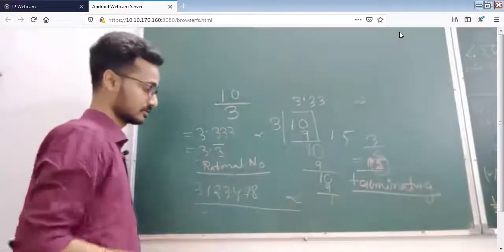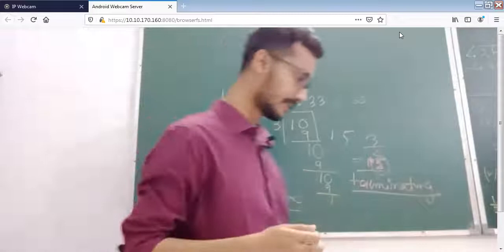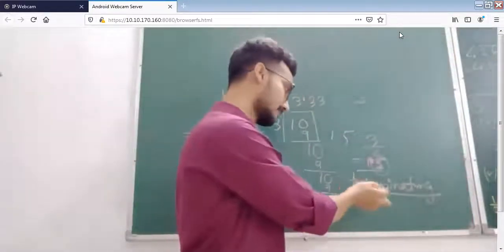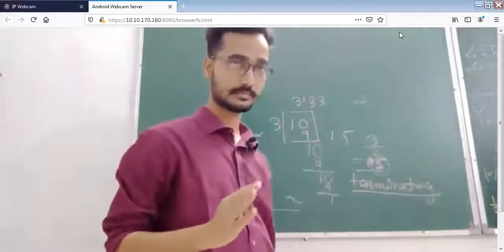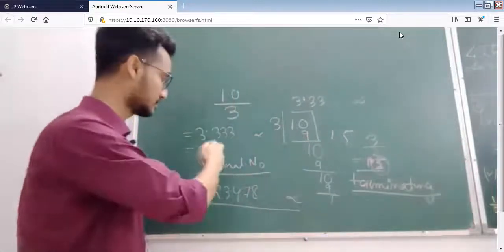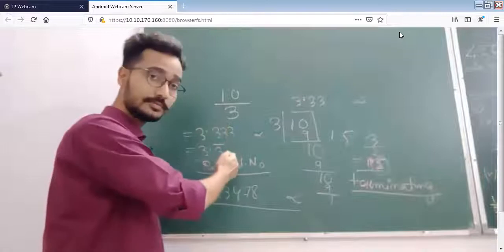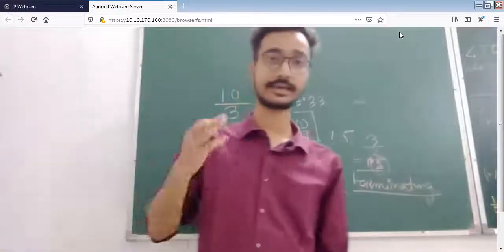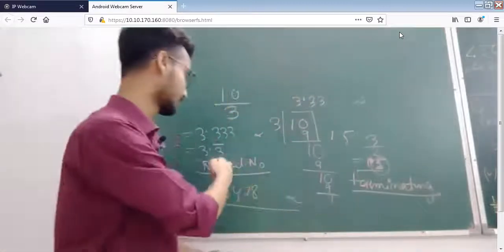So that day I discussed, when a number is terminating, then it will be a rational number. But when a number is non-terminating recurring, meaning repeating, then it will be a rational number.